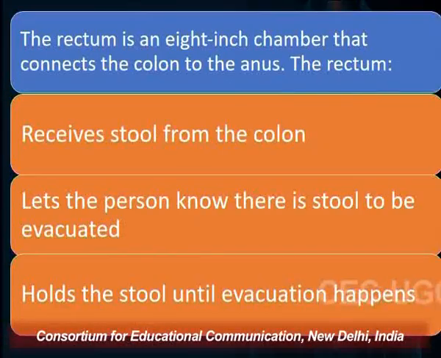The rectum is an 8-inch chamber that connects the colon to the anus. The rectum receives stool from the colon, lets the person know there is stool to be evacuated, and holds the stool until evacuation happens. When anything, gas or stool, comes into the rectum, sensors send a message to the brain.